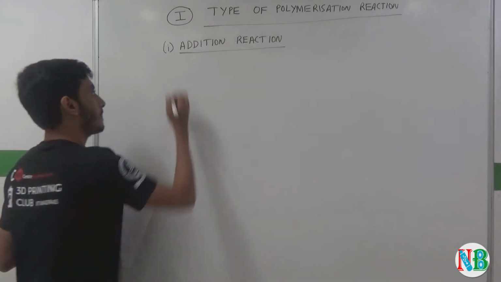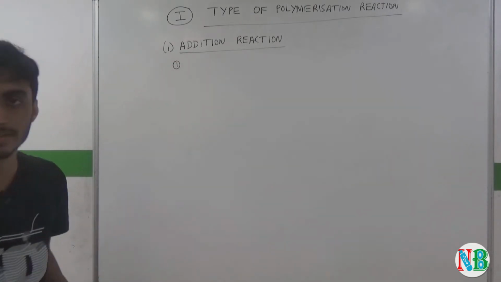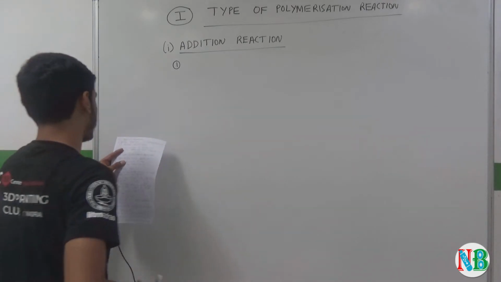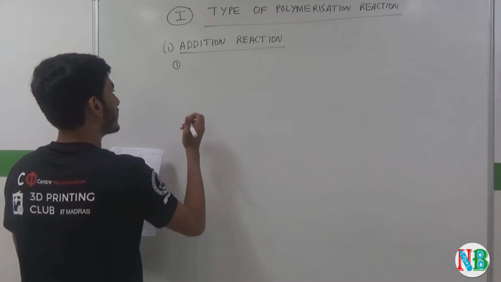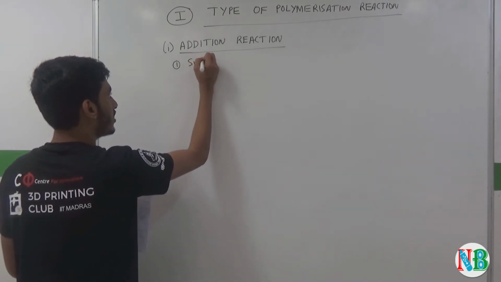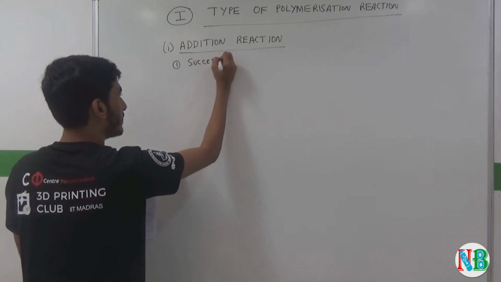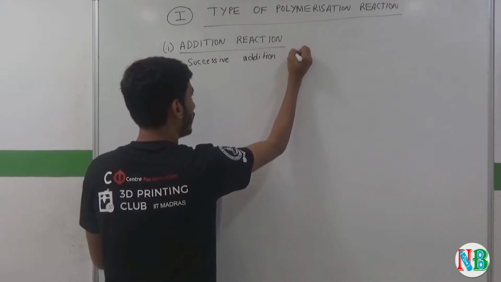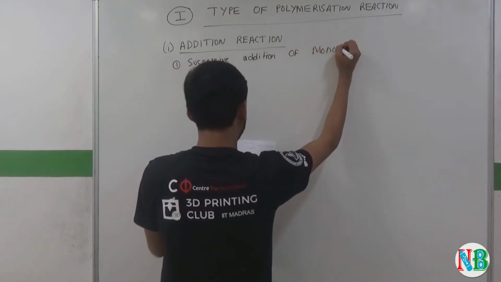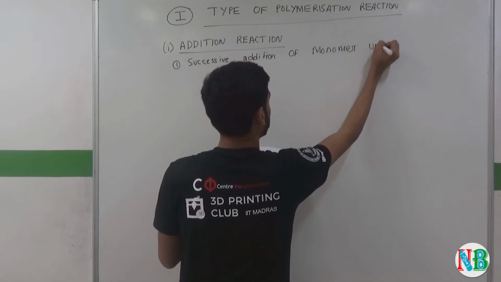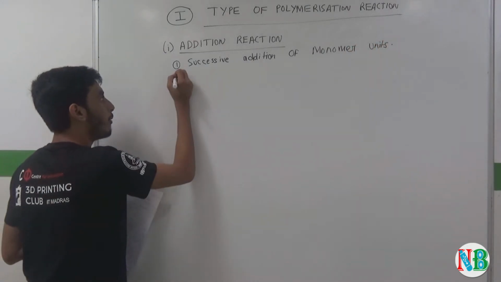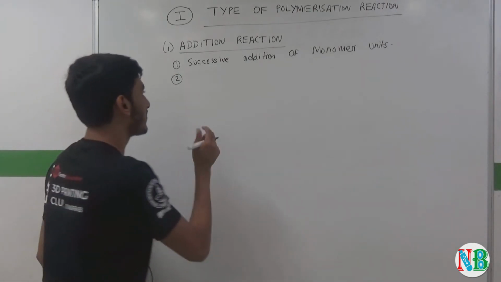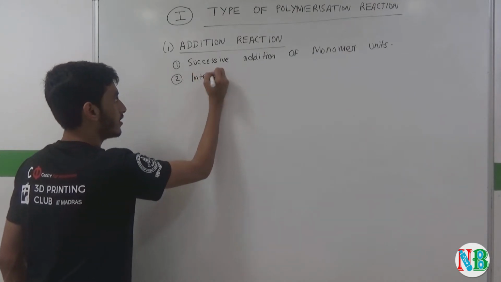In this reaction, the first point is that you have to just add small monomers. This reaction occurs by successive addition of monomer units. The second important point is how they are added. There is an intermediate formation.